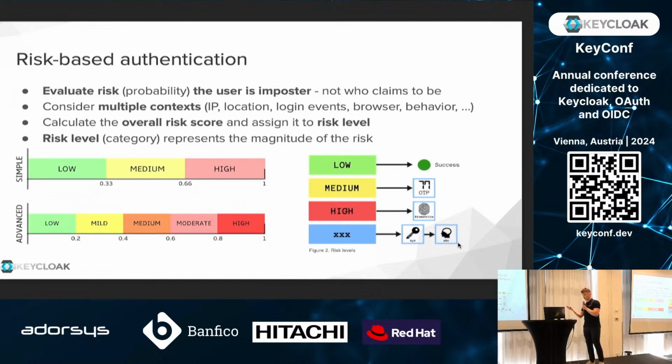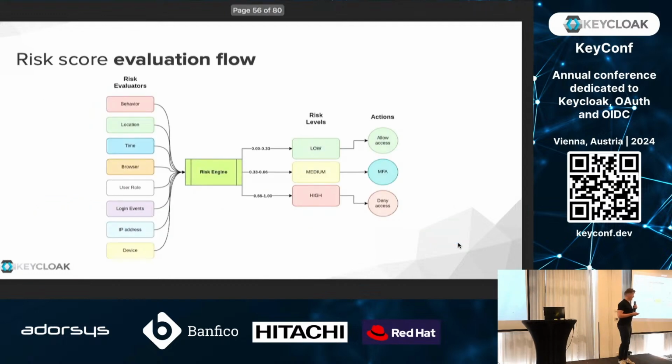It means when the risk is low, we can just move on and the user is authenticated. But when the request has a medium risk level, we can require multi-factor authentication. When it's high, we can require other factors or just deny the access. It might work like this.